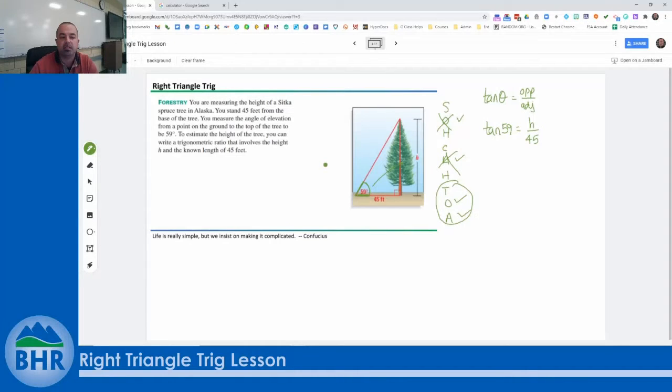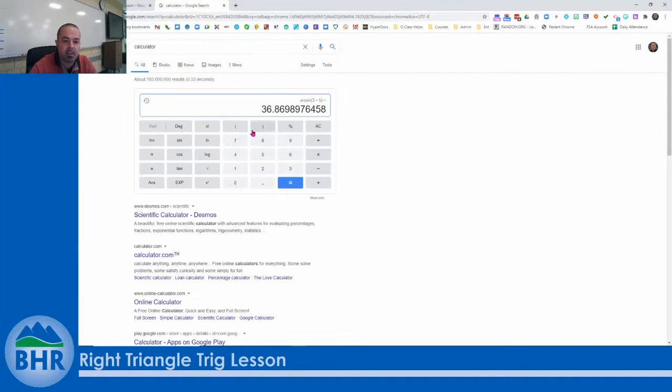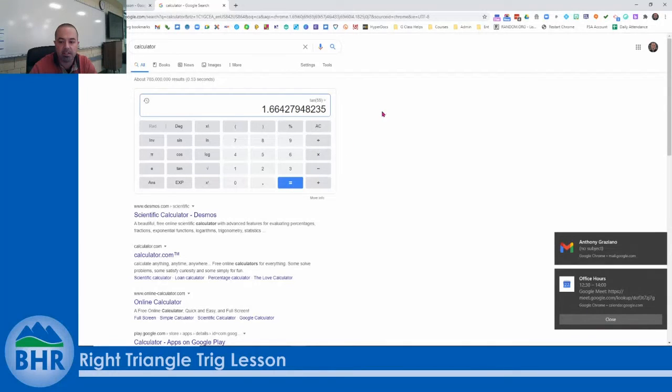Now, I mentioned in Monday's class and in this little session after Tuesday's class that we could take this tangent of 59, and if that was really bothering you, you could change that to a decimal. So if I come over here and clear out my calculator, and I do tangent of 59, I get 1.6643.